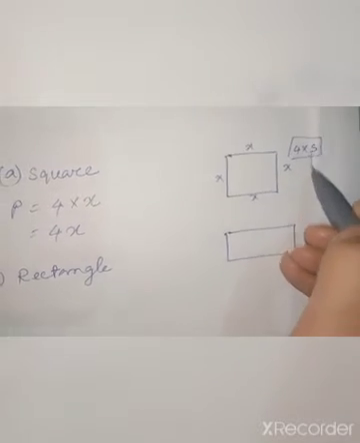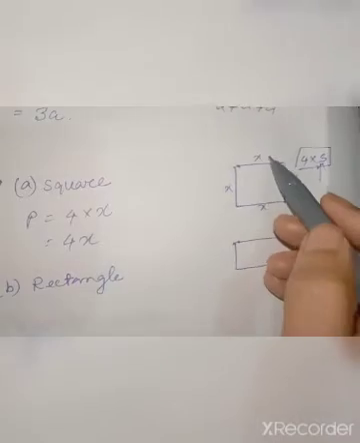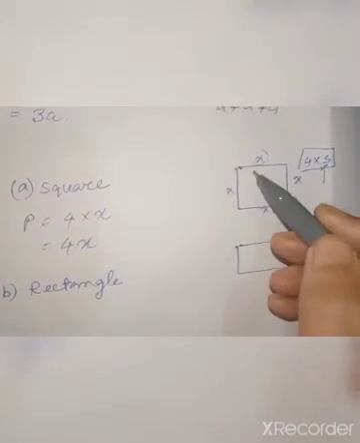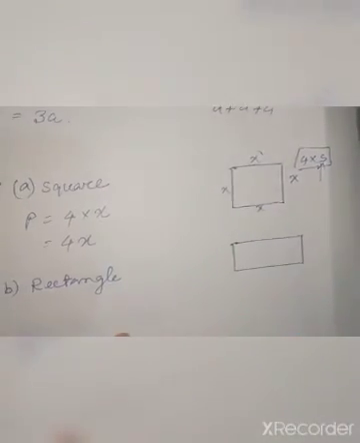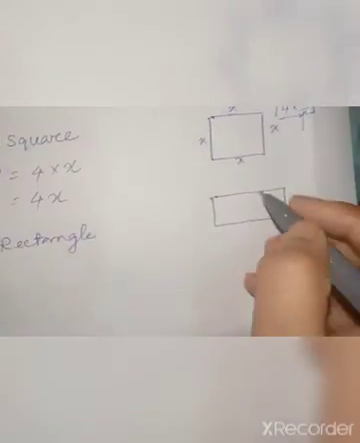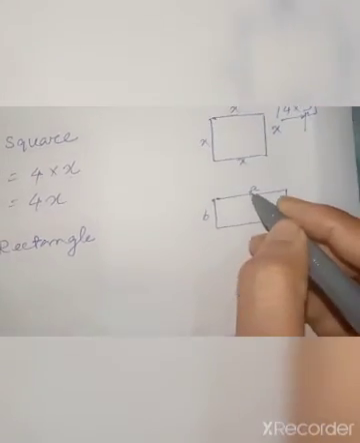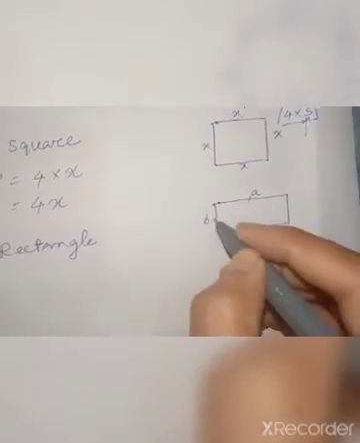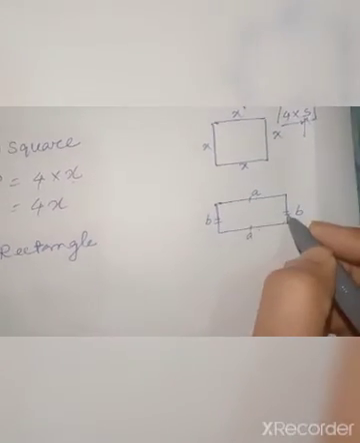So in case of s, we have put x because we have let this side as x. You can put here A also, B also. Okay, then rectangle, your sides I have put here A, this is B. As this is A, here also A. As this is B, this is also B, because two sides are equal, two sides are equal.